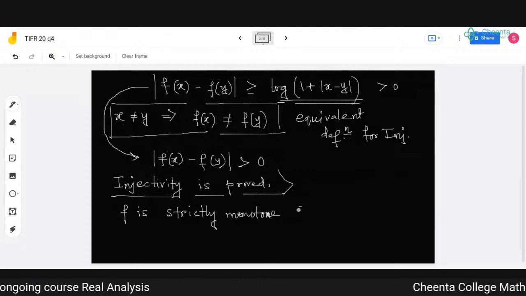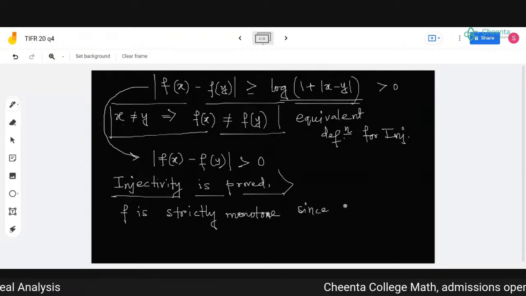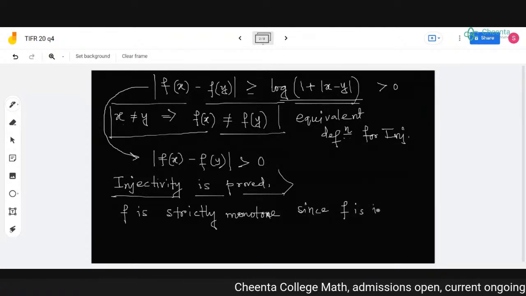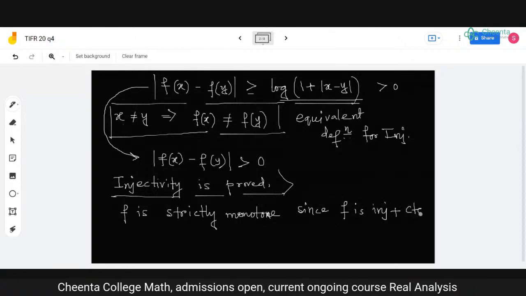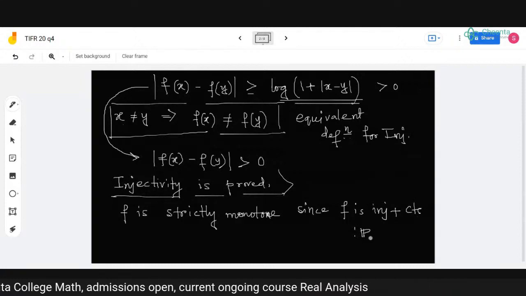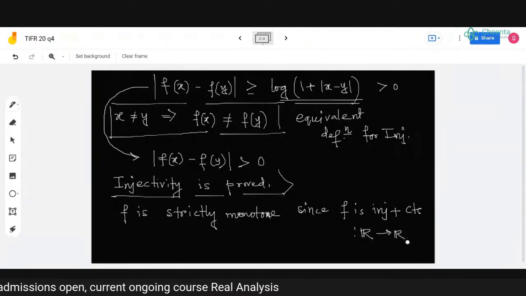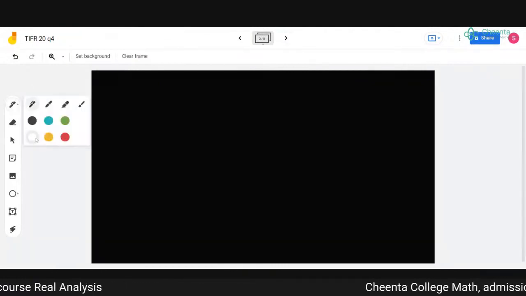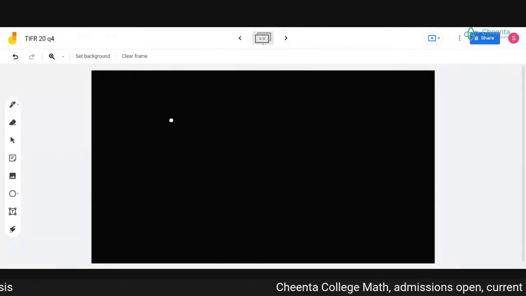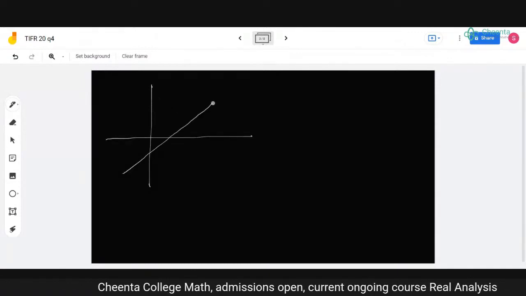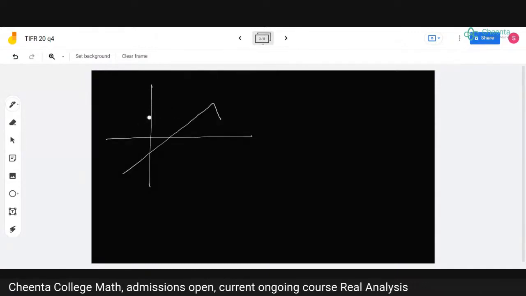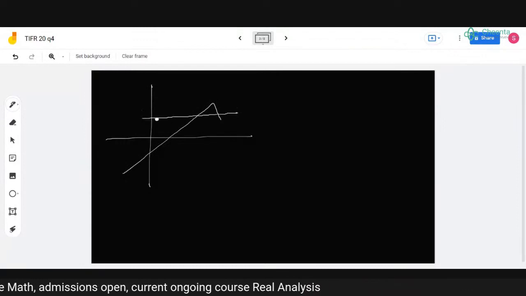Okay. So since f is injective plus continuous from R to R, if I draw it, let's say it is not strictly monotone, then the injectivity will always fail, because see, if it goes like this and comes down, then here is the violation of injectivity.